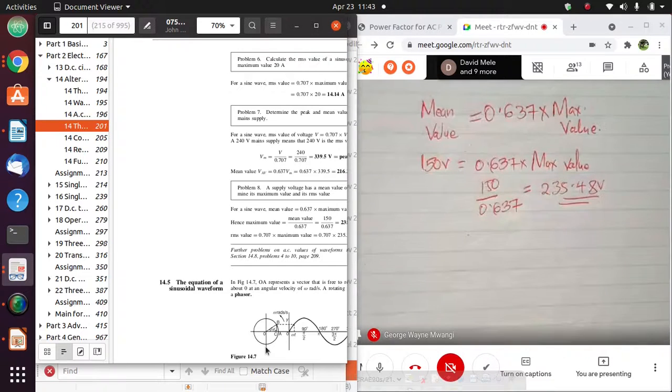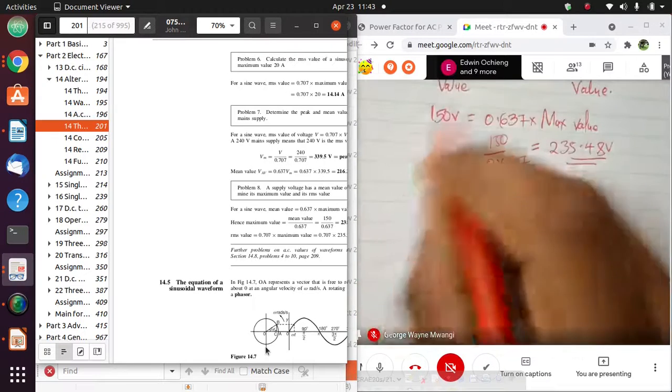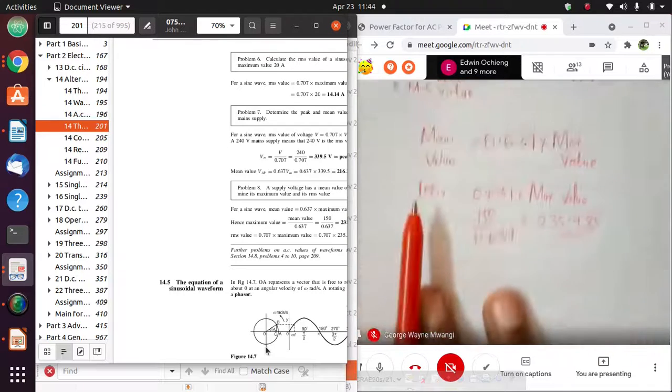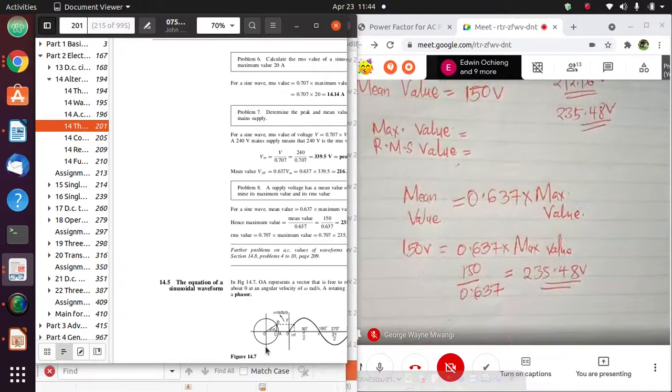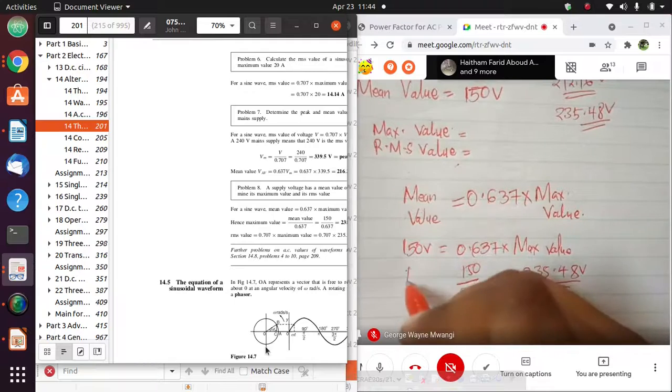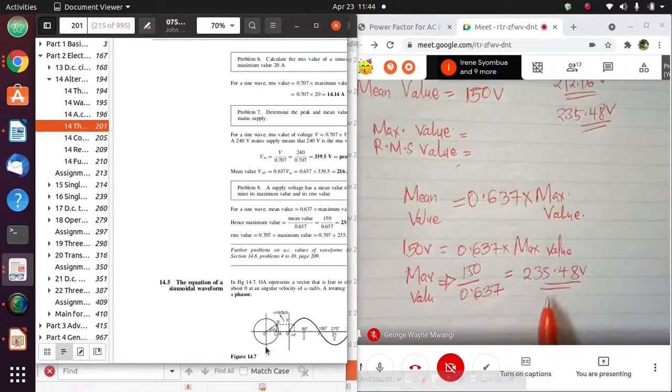Now, RMS value answer yake ni ngapi? You now have the maximum value. The maximum value is 235.48. So what will be the RMS value? 166.48.